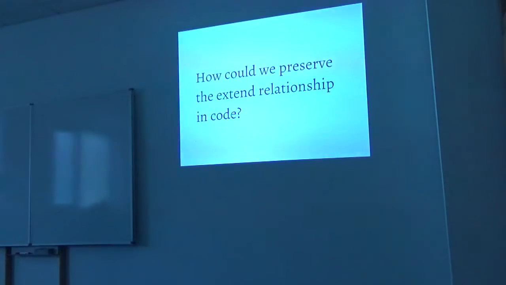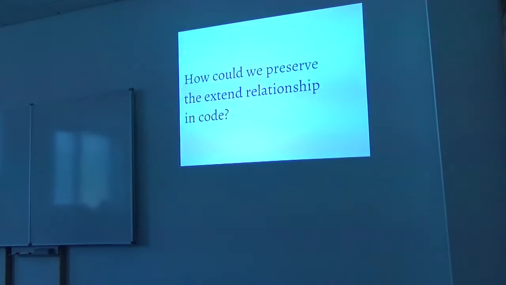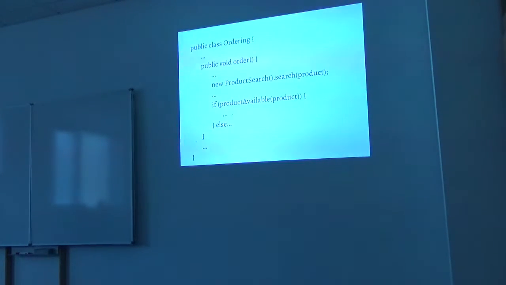And it's not even code. If we would program this in a normal way, without aspects, we would end up with something like this. So our ordering code would be spoiled or interleaved with this additional behavior.